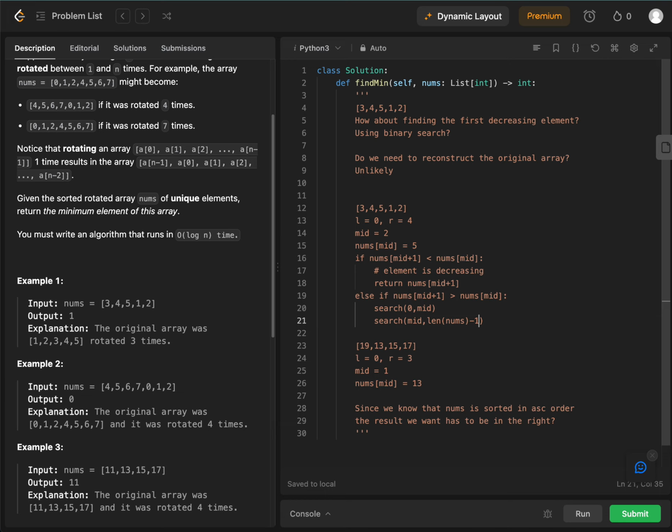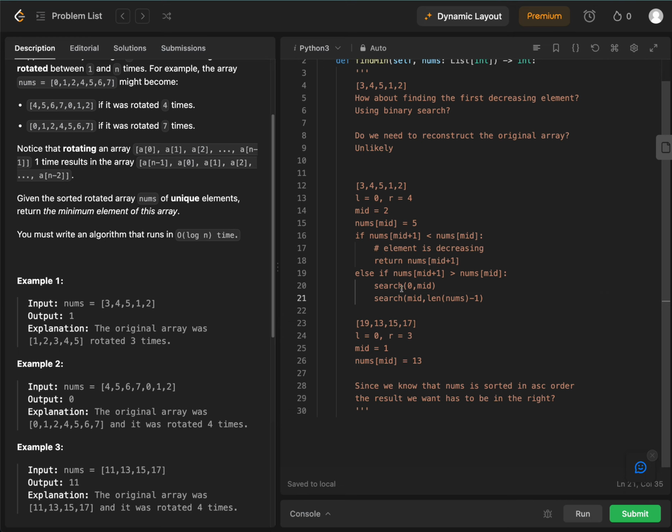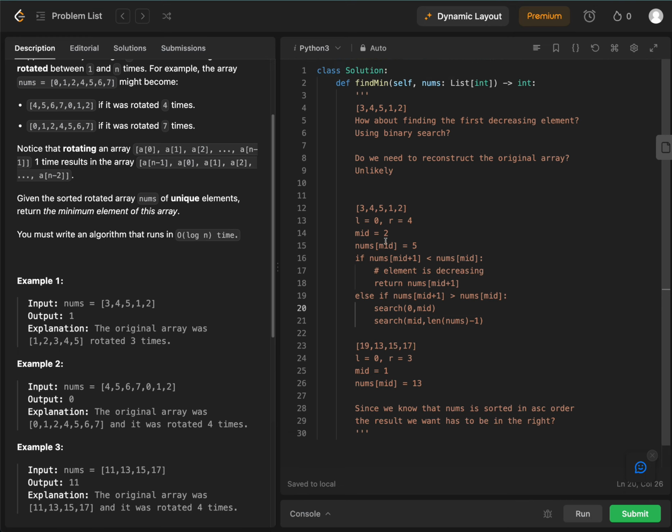Right? So when you search 0 to mid, you essentially get 0 here. Let's just try this example here. You search 0 to mid, mid here is 1, right?